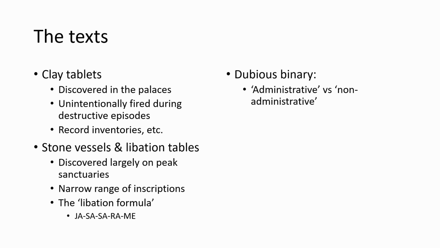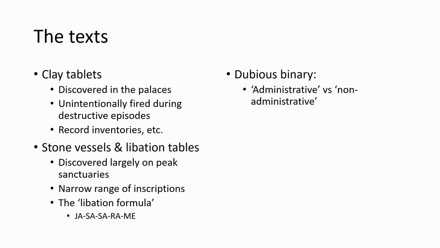We have the examples that survive today because the clay was fired during the destructive episodes at the palaces where they were found in large numbers. In other words, these documents were never intended to be permanent, and they reflect perhaps a more ephemeral record-keeping system in place in the palaces. The tablets are presumed to have an administrative function, both because of their findspots in these palatial settlements, and their content.